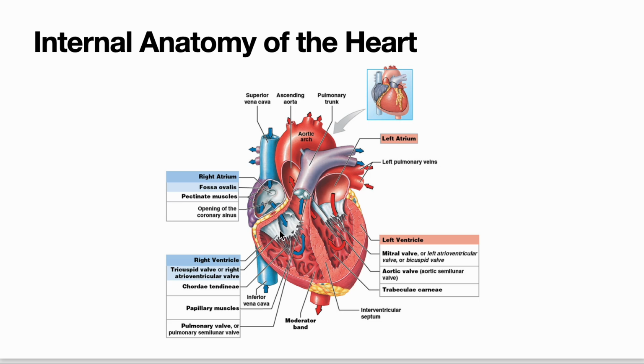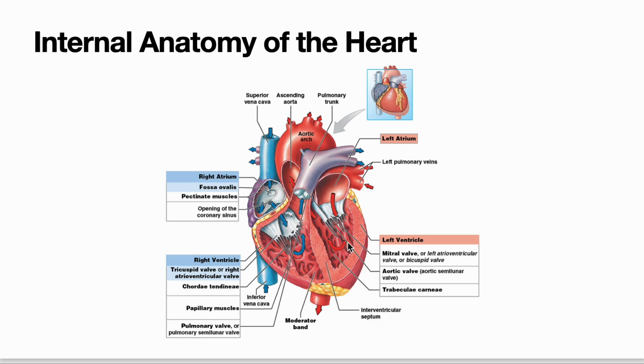So there's the valves themselves, which are these thin connective tissue pieces. And then they have chordae tendineae, or these strings, if you will, that will attach to the papillary muscle. And so the papillary muscles can contract and pull on the strings to open the valve, or if the papillary muscle relaxes and loosens up on the chordae tendineae, then the valves will be able to close.